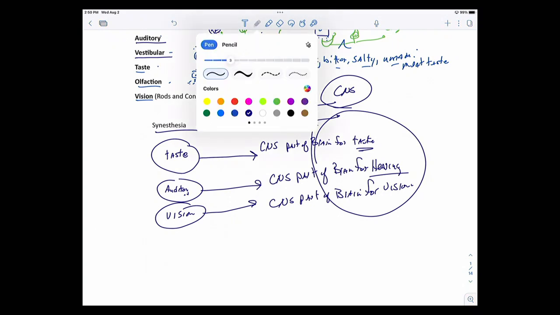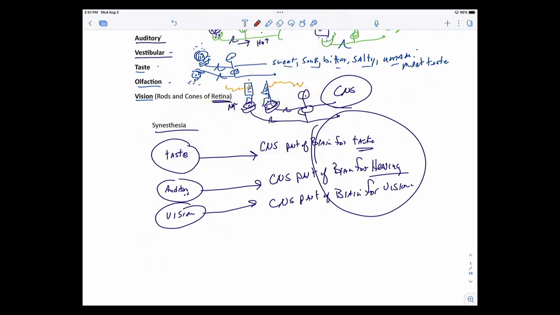So what's really interesting is that there are some people who have a different type of wiring, such that if they hear something, then not only does the part of the brain for hearing get stimulated, but there may be fibers that go on and communicate with the part of the brain that has to do with taste. Or maybe these auditory fibers communicate with parts of the brain for vision.